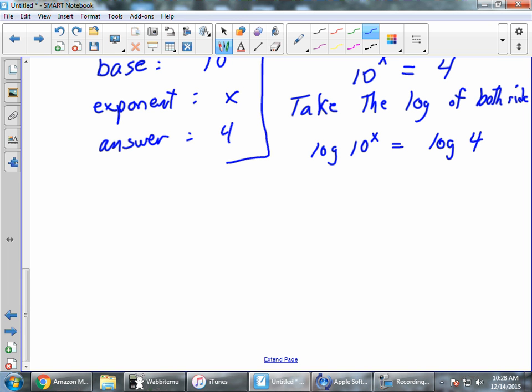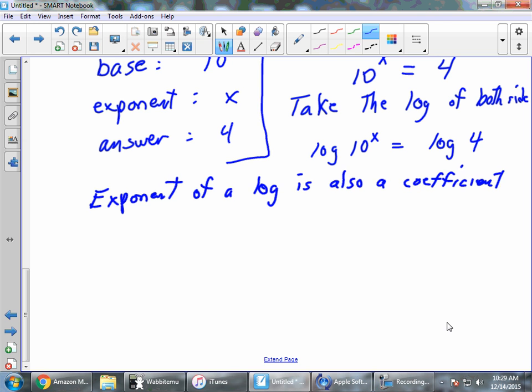Next step, try to remember it. Properties of logarithms allow us to do what? Exponent of a log is also a coefficient. Okay?